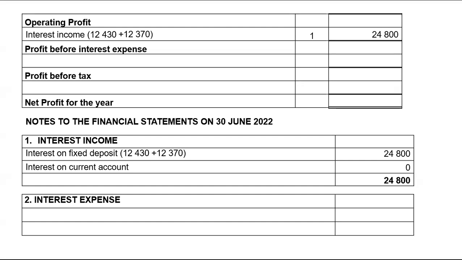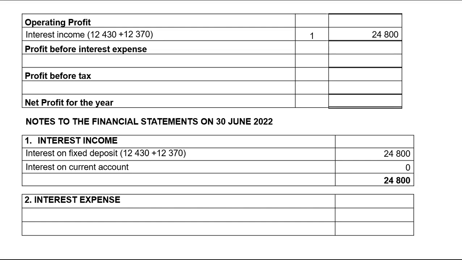I gave my kids something similar to this, my grade 12s, and it dealt with them. They took the 12,430, they added the 24,800 without realizing that the 24,800 is the total interest. So what's missing is 12,370, which is accrued income. Obviously, it's not the same amount, it's different, but same principle.